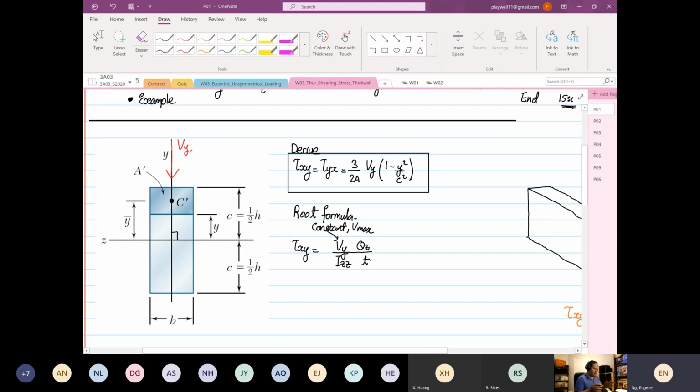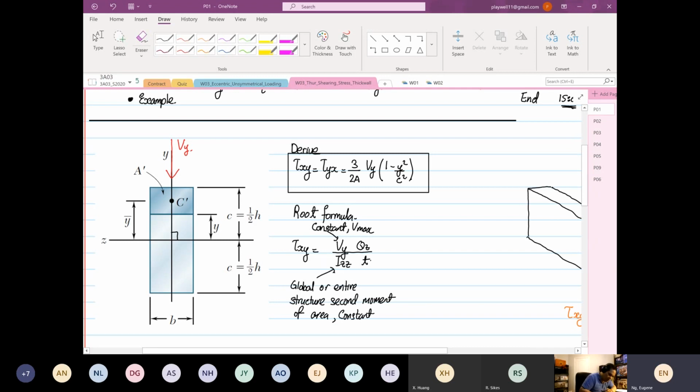And then over here, this is your global, entire structure second moment of area, and it's also a constant. So over here, Qz and T are your variables. I'm going to repeat the rule I just stated.